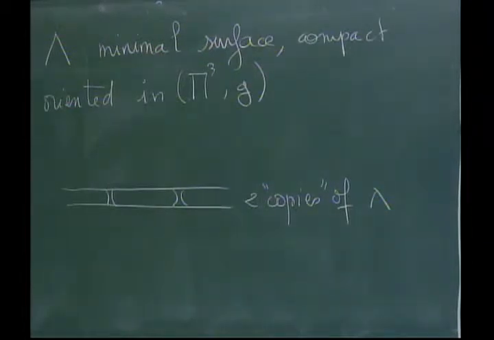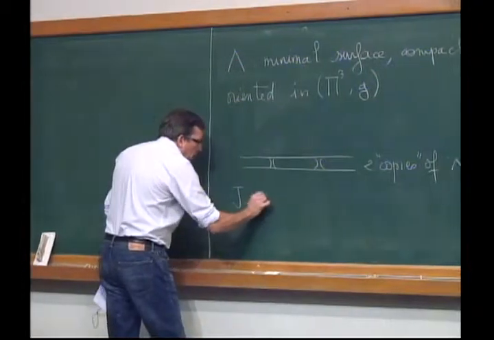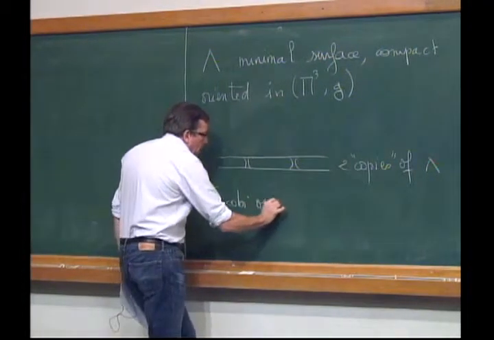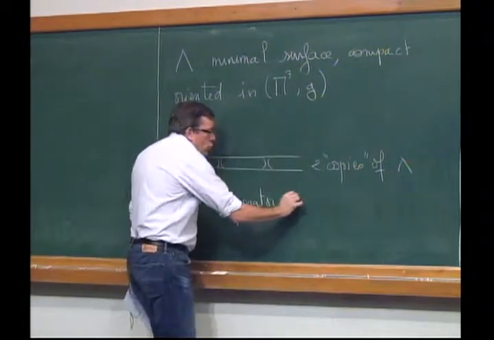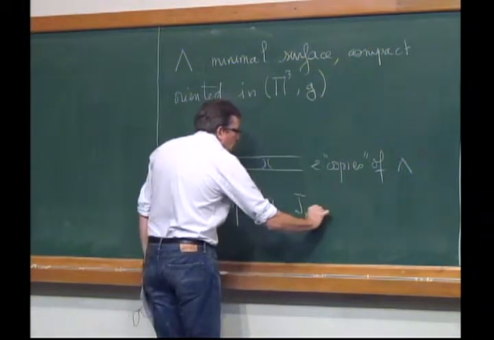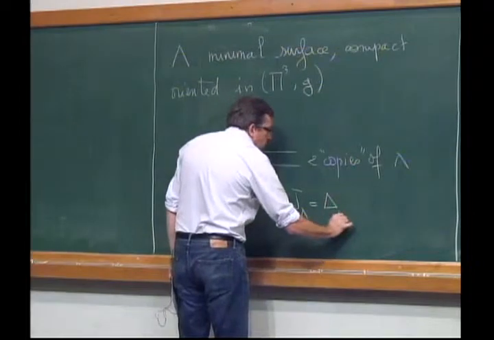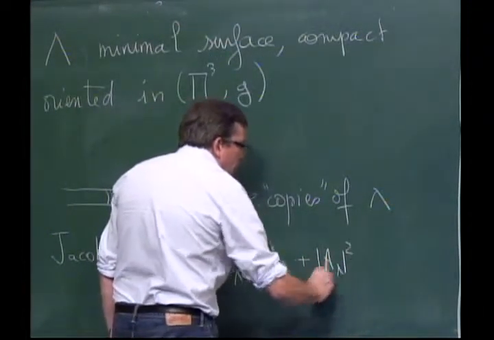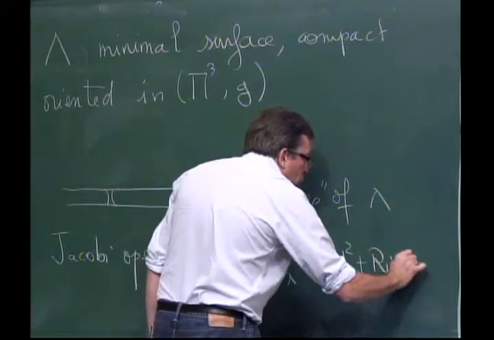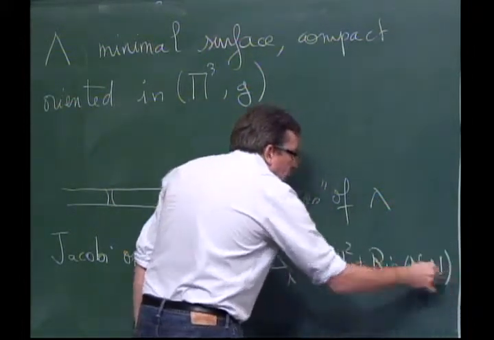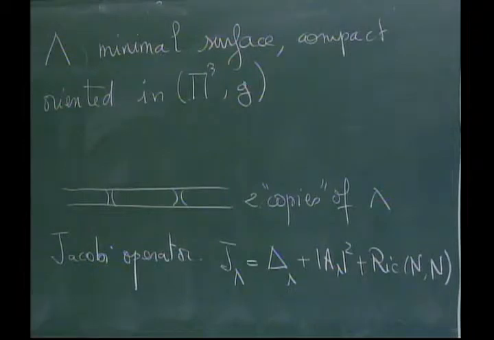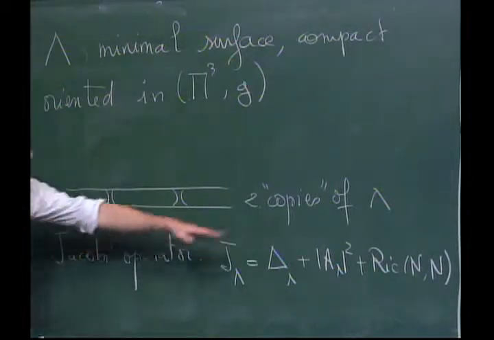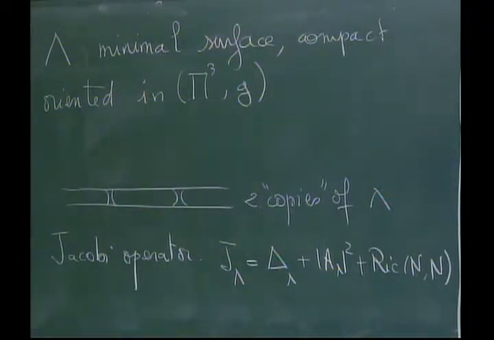One of the key tools is the Jacobi operator, which reads, about lambda, the Laplacian on lambda, plus the square of the second fundamental form, and then the Ricci curvature enters, with capital N the unit normal vector about lambda.